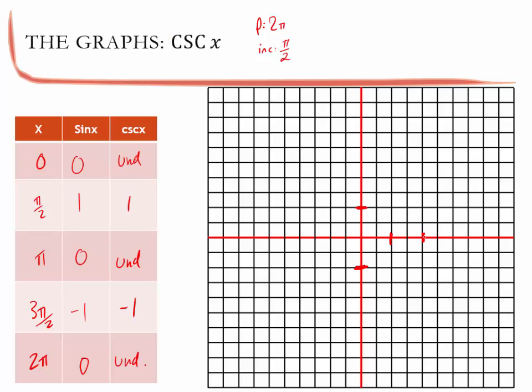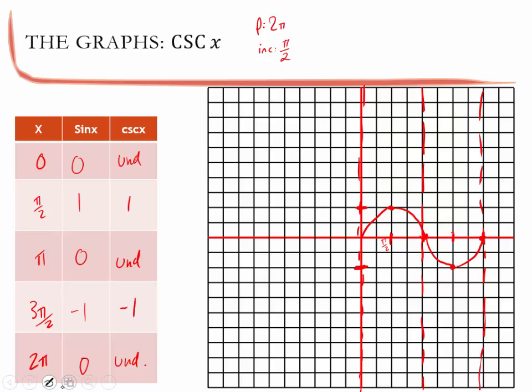So I'll just do one period here, get an idea. I won't even label it. There's that, that, that, and that. So there's sine, going by pi over 2's. Now we are going to draw the asymptotes here at the zeros, and right here.